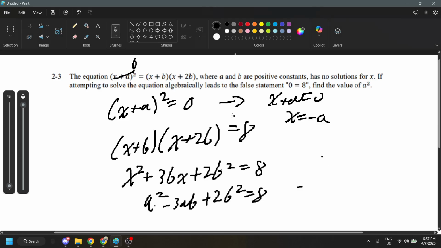Another issue is that they're positive constants, they're not integers. All we know that's an integer is a squared, because a is a solution. This needs to be a positive integer. So a squared is an integer. But a could be either an integer or square root.